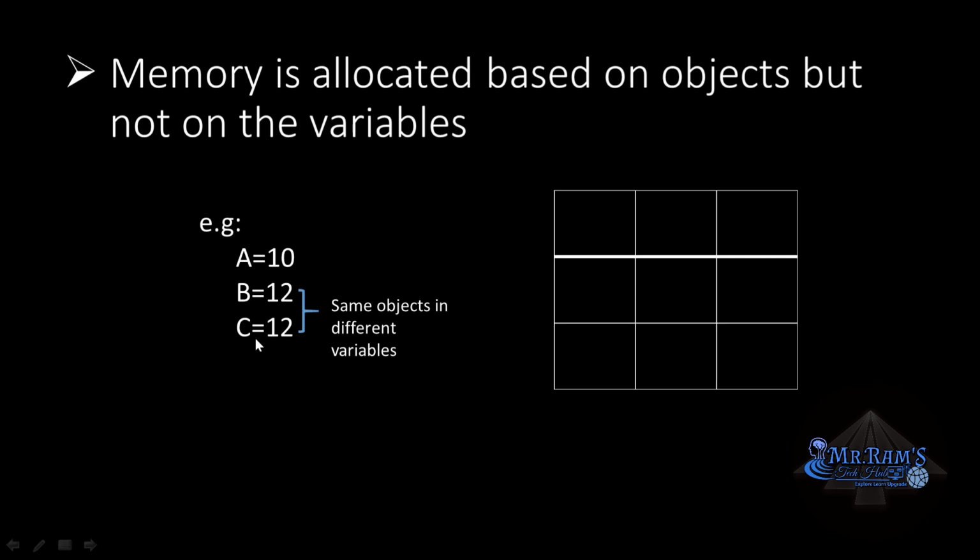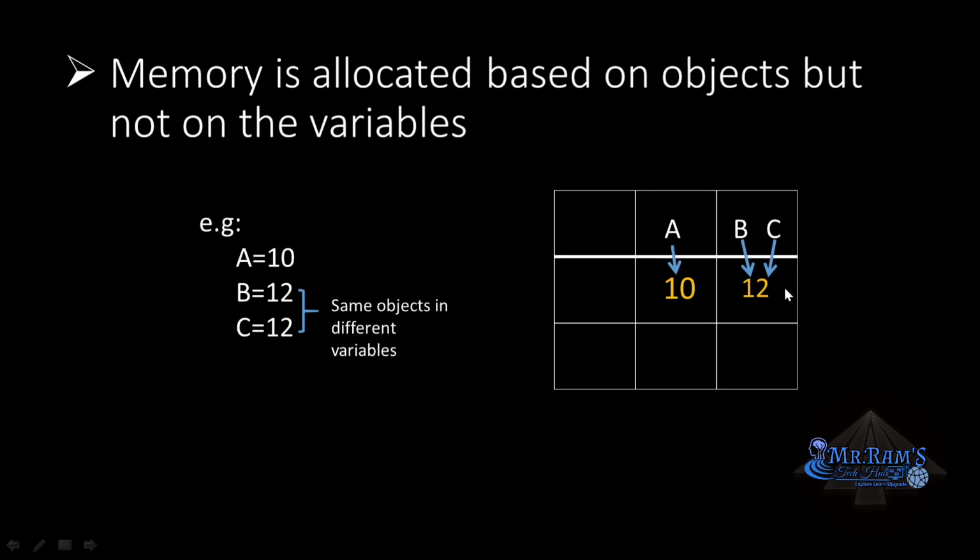Suppose b is stored in some location. Then we create the variable c equals 12, assigning the 12 object to c. Already there is a 12, so why use extra memory? So c also points to the same address where 12 is stored, which is named b, and it is also named c.